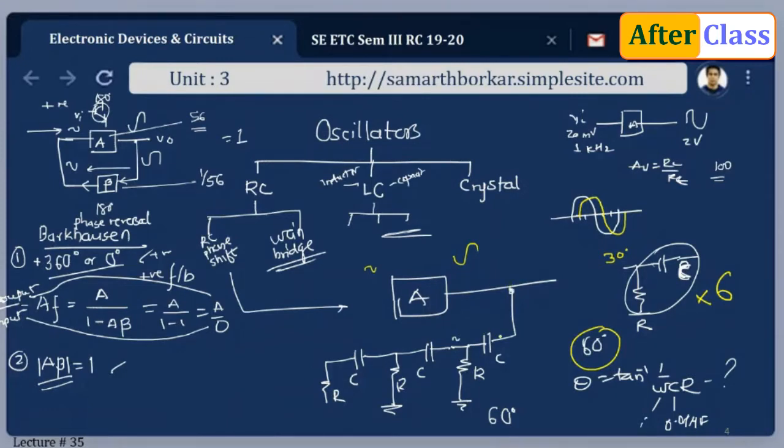The same signal now travels through this capacitor and generates the output across the resistor, because it is connected with respect to ground. Now this acts as an input to the second section, whose output is developed across this R, which acts as an input to the third section, whose output is across R and is connected to the input. So this is about the phase shift.